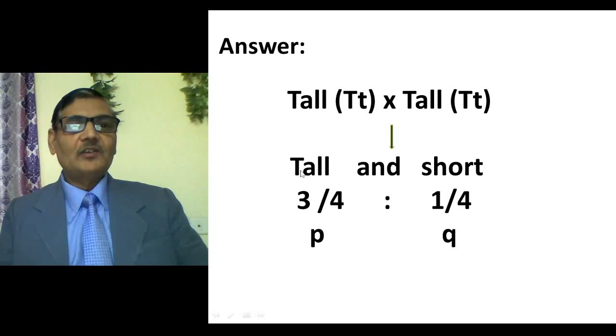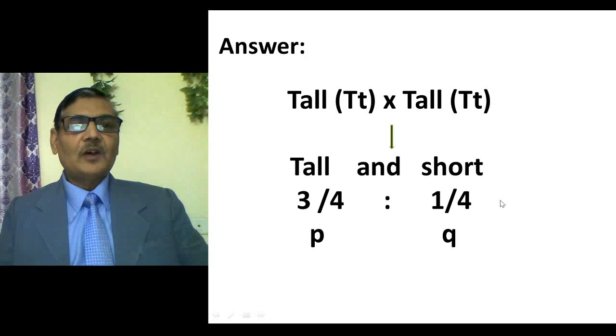Definitely in the next generation, tall and short plants both will appear, but in the ratio of 3:1. That is, 3 by 4 will be tall and 1 by 4 will be short. So the probability of occurrence of tall, denoted by small p, will be 3 by 4, and the other one, short, will be denoted by q, and this will be 1 by 4.